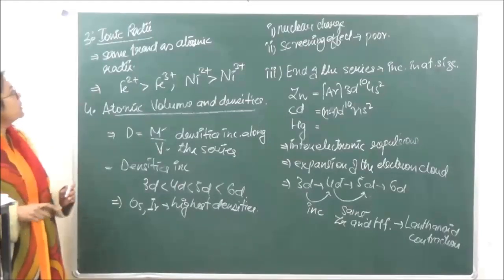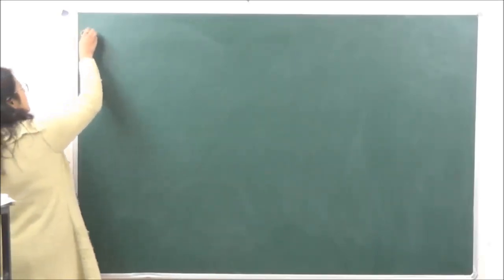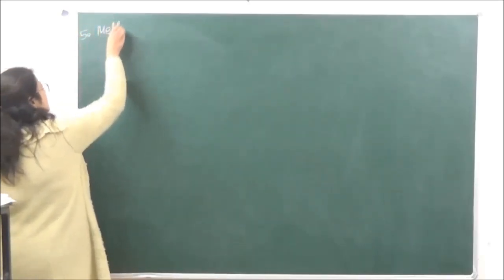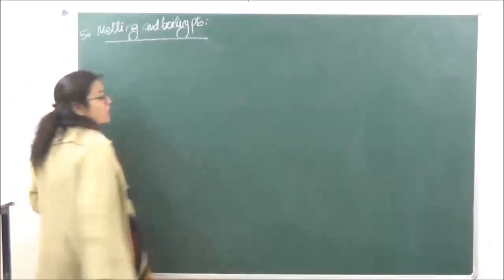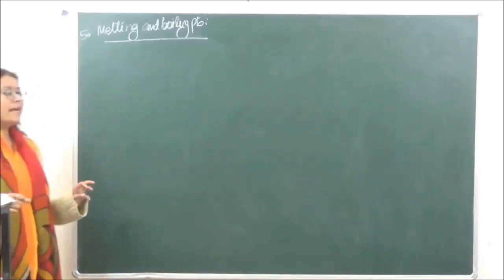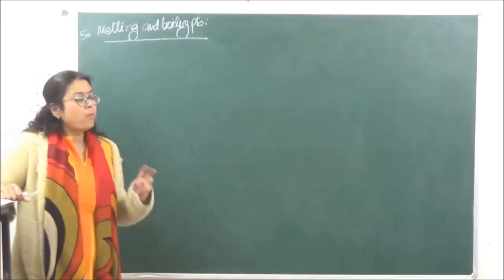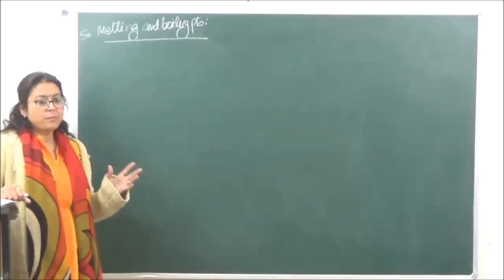Okay? The next property which we are going to discuss, the fifth property, is melting and boiling points. Now when we are talking of melting and boiling points, they depend upon the interatomic forces of attraction which are present.